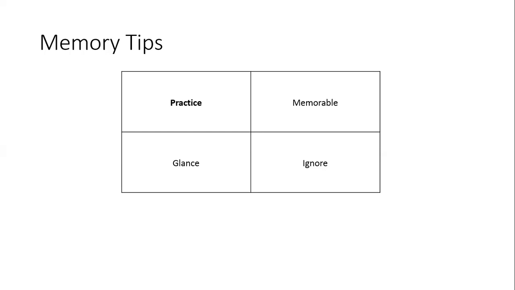Practice is for the most important subject that you have to study. For example, mathematics. In mathematics, we have to practice formulas and solve problems. So practice, practice, practice. Second, chemistry.